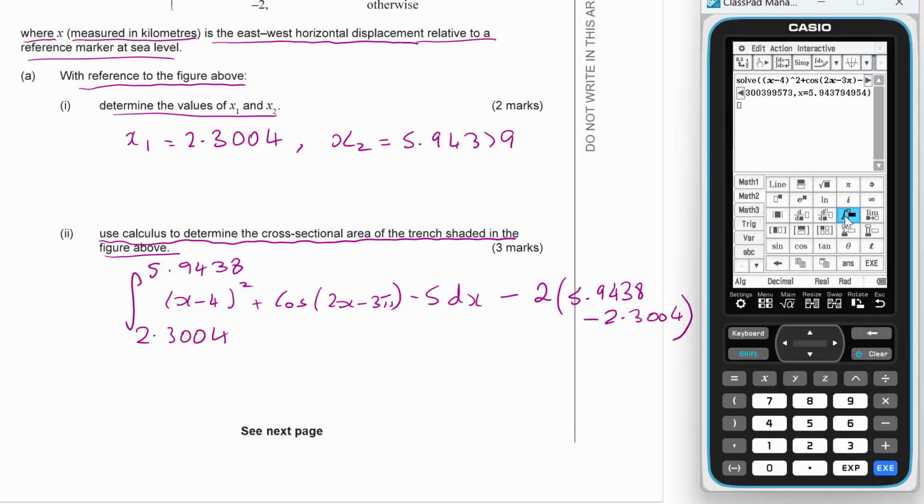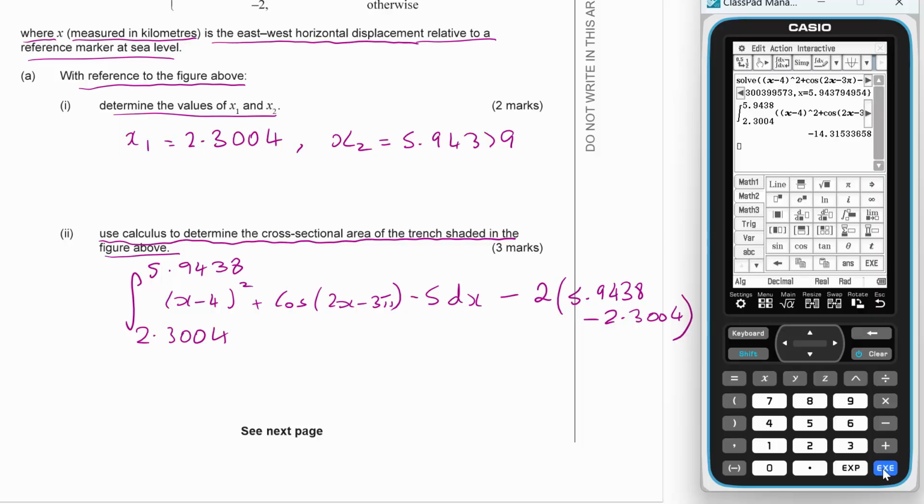So we want to be in Maths 2 for an integral, and we'll put in the limits here of 2.3004, and the top limit there of 5.9438, and in here we need x minus 4 squared plus the cosine of 2x take away 3 pi, take away 5, and that's going to be dx.